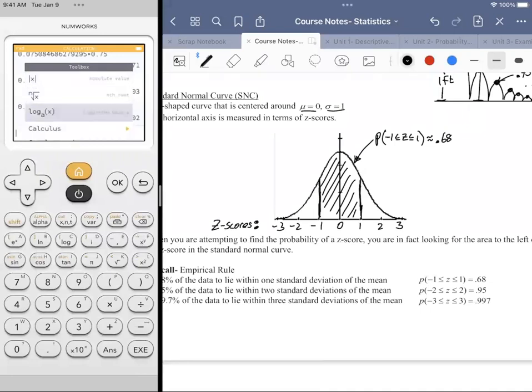We did this with combinatorics and also binomial probability, but we want to make sure that we're all on the same page here. So toolbox, you go down to probability.